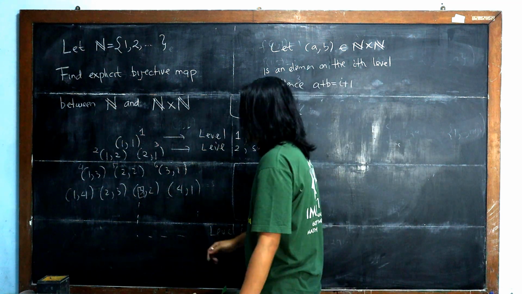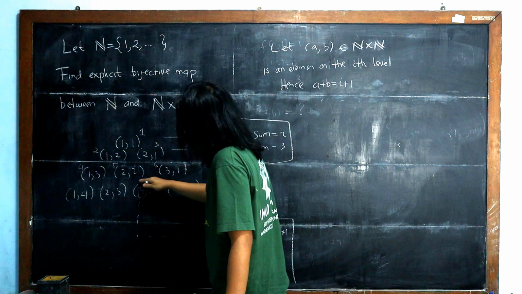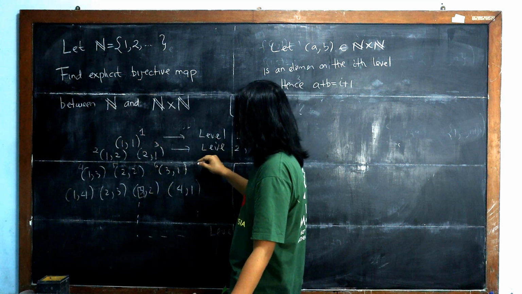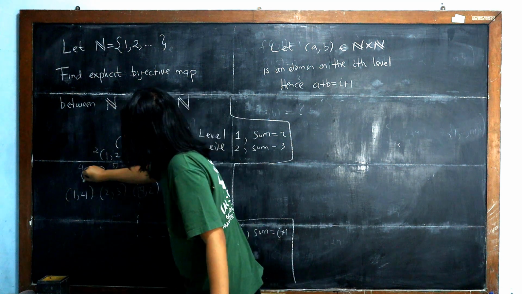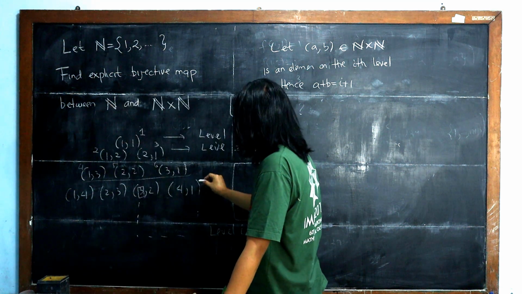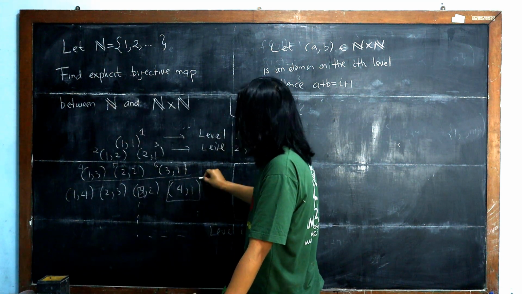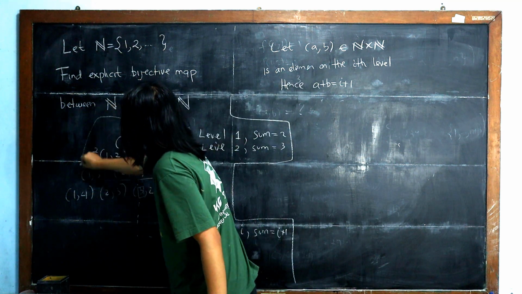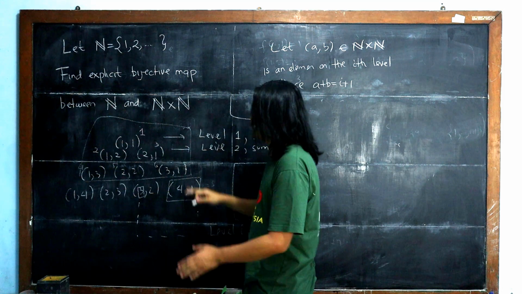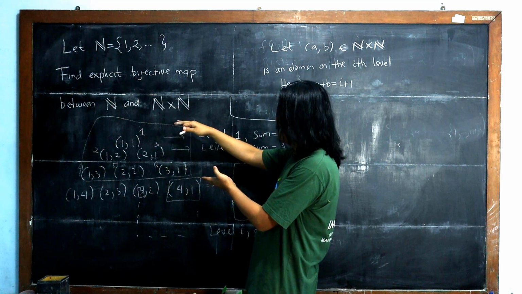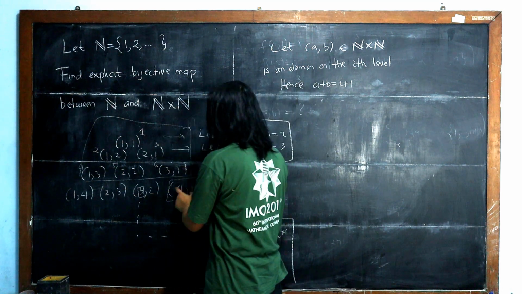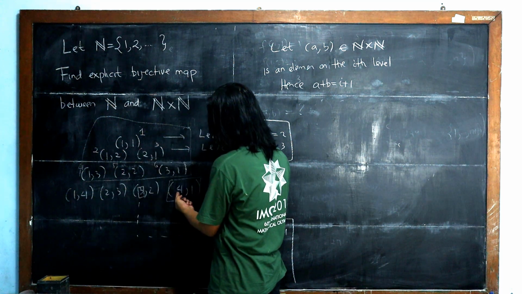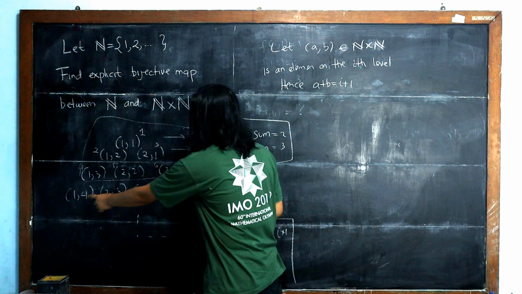Okay. So then, in order to know which natural number this element is mapped to, we need to count all the elements. Let's say we want to know what (4,1) is mapped to. First we count all elements on the previous levels. And after that we count what the order of this element is within its level.